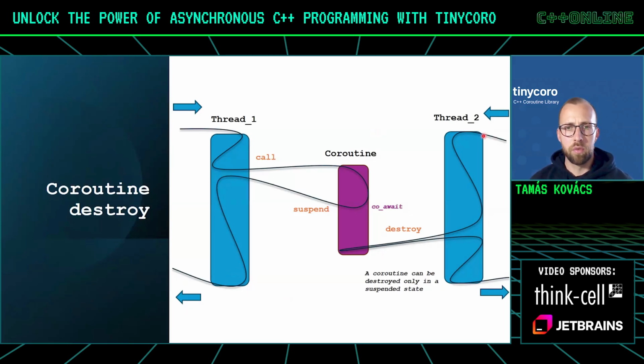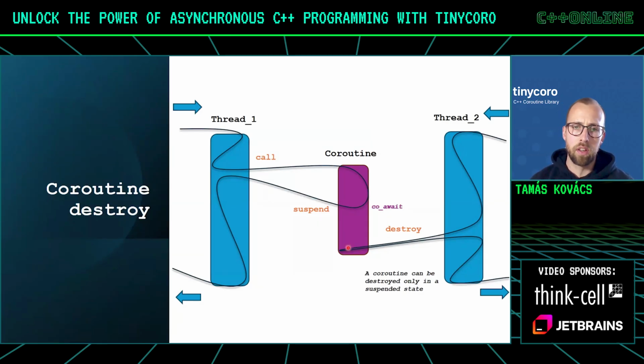Then thread 2 comes into the picture and decides to destroy the coroutine. One important thing to mention here: the coroutine can only be destroyed in a suspended state. If the coroutine is running and thread 2 tries to destroy it, this is undefined behavior. Please don't do that.